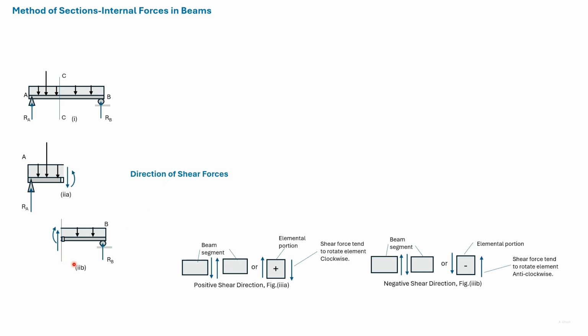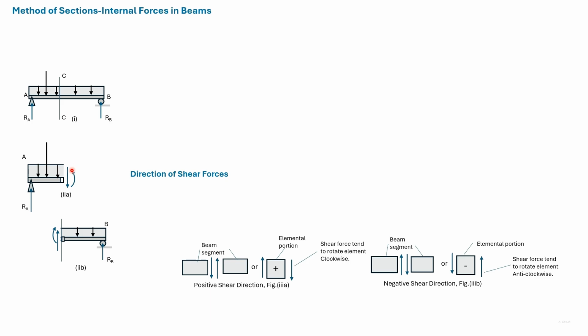If we were to consider the portion right of CC, then again considering equilibrium, we'll find that the vertical force acting on the section CC will be upwards, and the moment acting on the section CC would be clockwise.